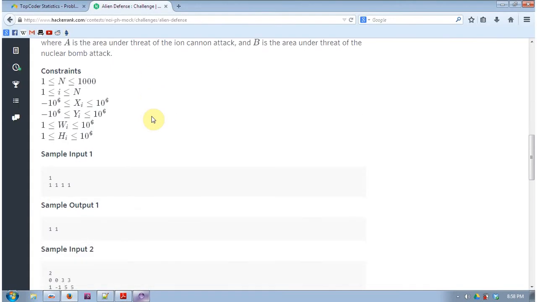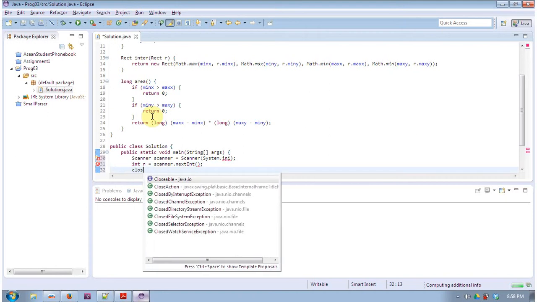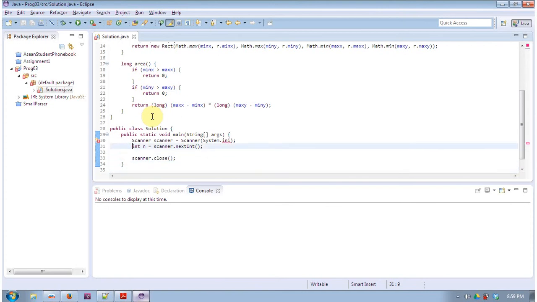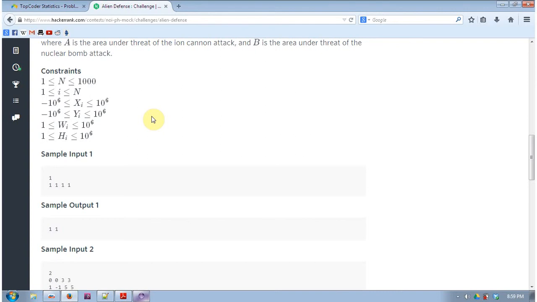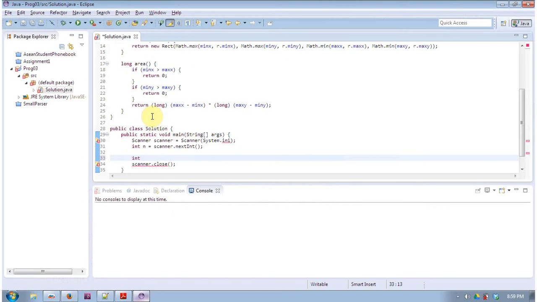For the next one, we have to get n as the input, and then close the scanner. First we have four arrays: x, y, w, h.